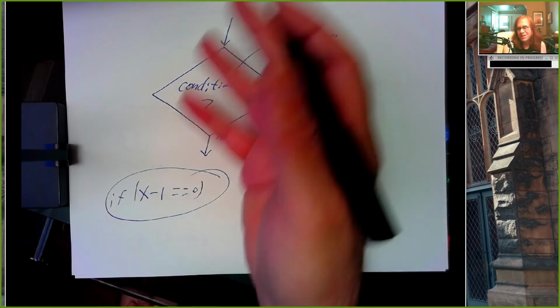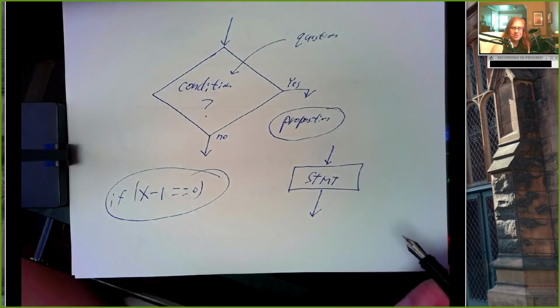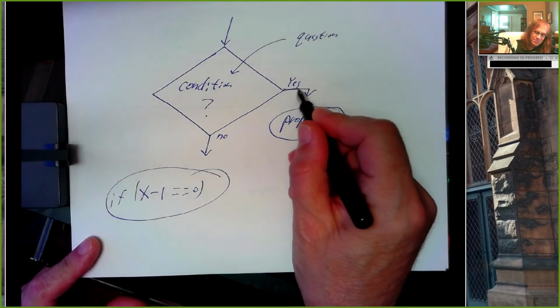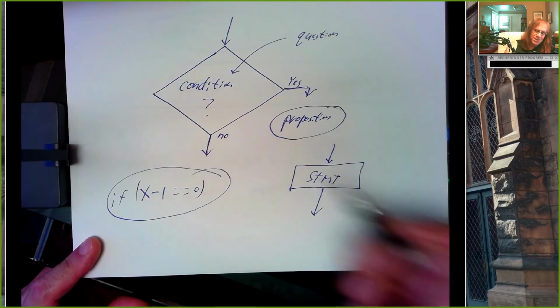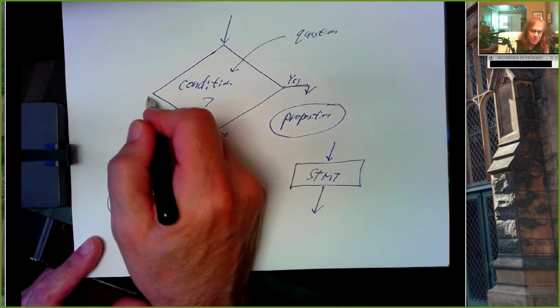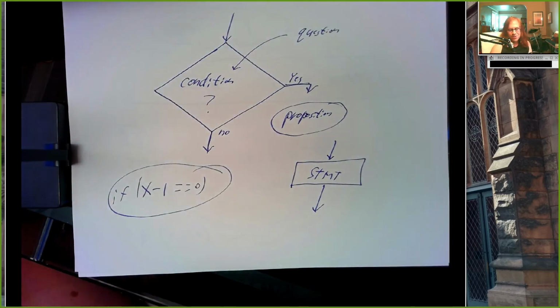And this will come up again when we do formal proofs. So the condition in here should be something with a yes or no answer. And then if the answer is yes, you come down the yes branch. If the answer is no, you come down the no branch. And it could be no over here and yes here, or you might come off both sides. You can draw it however you like. But there's always two arrows coming out of it, one labeled yes, one labeled no.